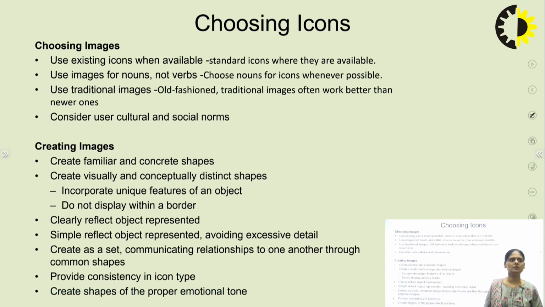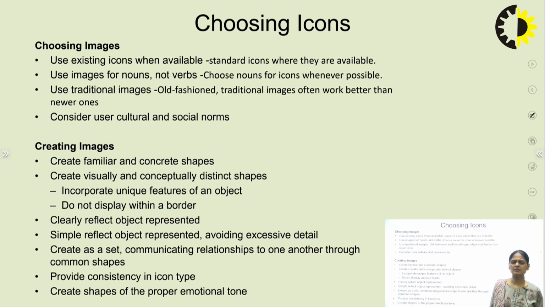Use images for nouns, not for verbs. Traditional images often work better than newer ones, because every kind of people are able to recall that these kinds of images mean something: scissors mean cutting things, a lens means we are searching.